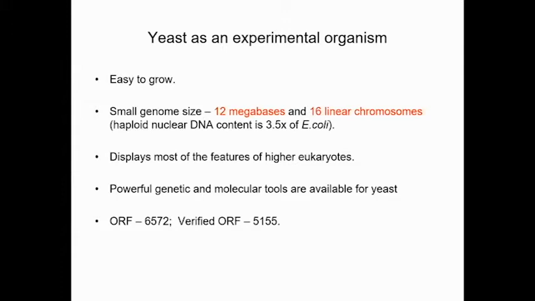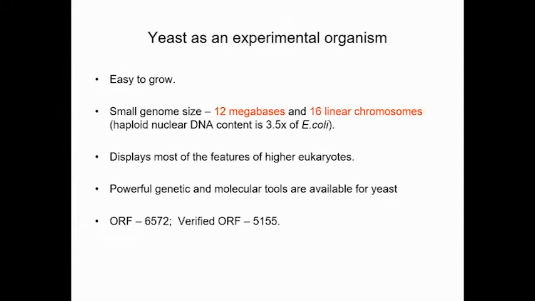Also, there are many powerful genetic and molecular tools available for yeast. That's why a lot of experiments are performed in yeast, so that we can understand the eukaryotic cell. In yeast, the open reading frames number about 6,500, and the verified open reading frames about 5,100.